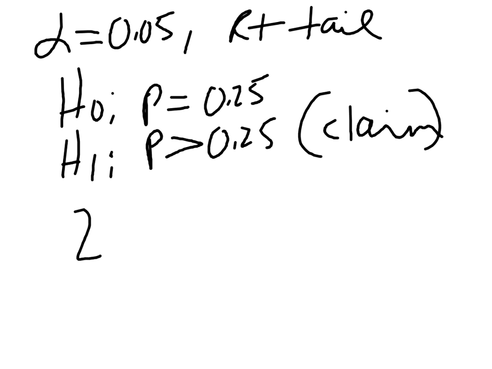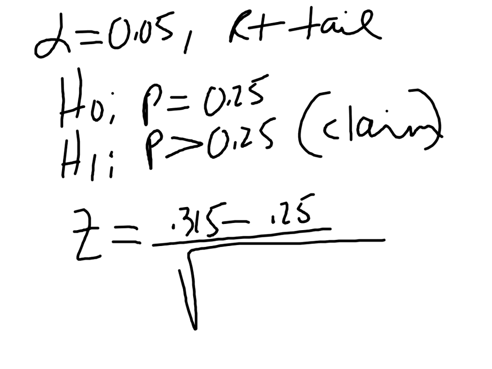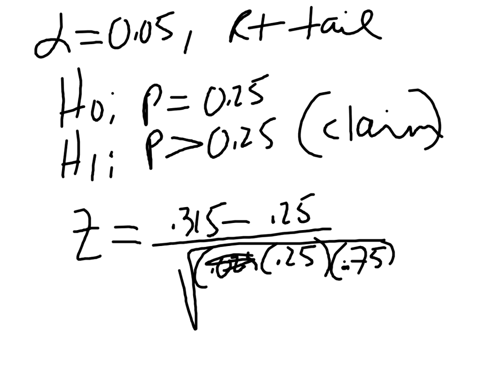Let's go to our z-test, which would be p hat, 0.315, subtract p, which is 0.25, divided by the square root of p, I like to use parentheses, 0.25 times 0.75, its complement, that's q, don't forget, and then the whole thing is divided by 200.